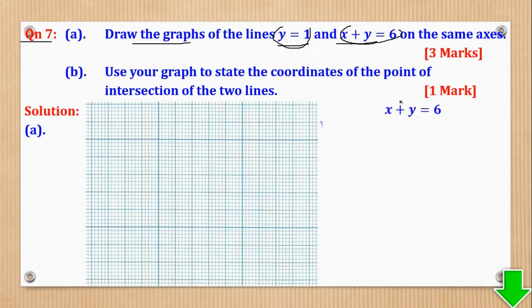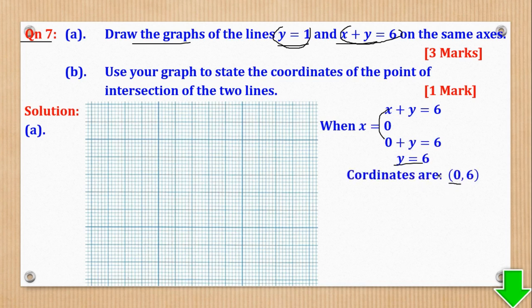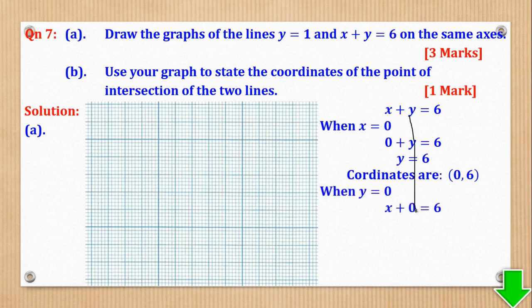For this line, we shall ask ourselves, when x is 0, what is y? Where there is x, put 0, and you'll get y as 6. Therefore, the coordinate is 0, 6. So we have got the y-intercept. What about the x-intercept? X-intercept means when y is 0, substitute for y and get x as 6. Therefore, the x-intercept is 6, 0.